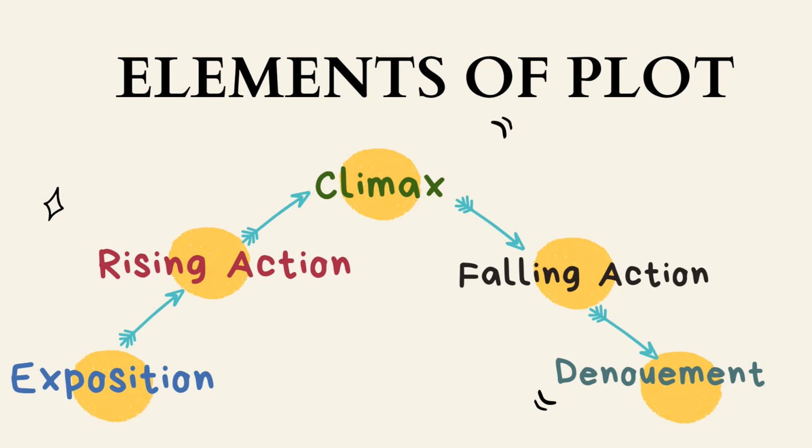The climax is the turning point of the story, where the most exciting part transpires. Down to the falling action, this is where the problem is resolved. And then the denouement, where the story comes to an end.